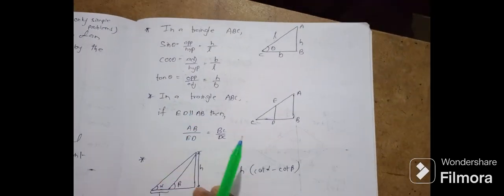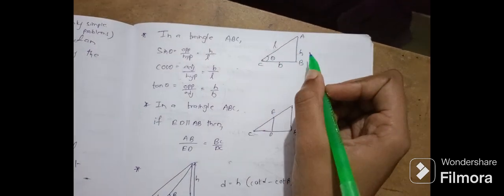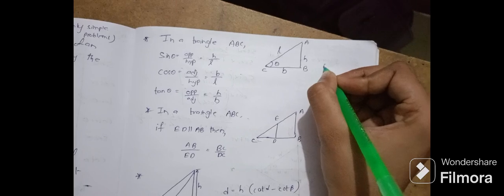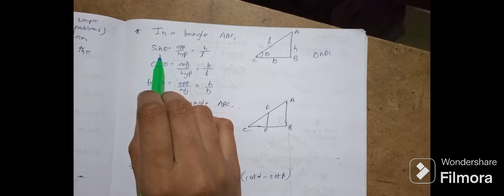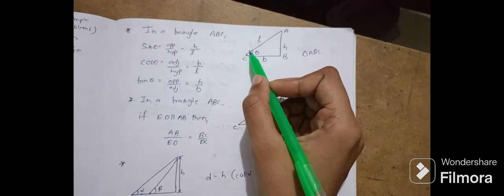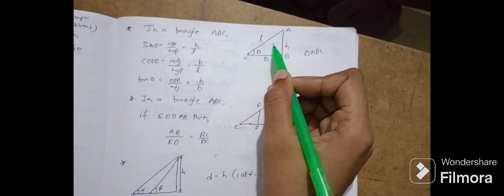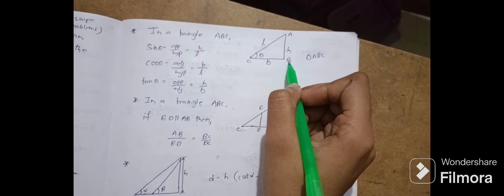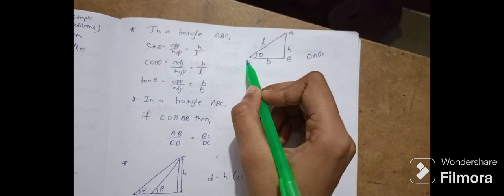Next, in a triangle, let us go in some practical way. So let us consider a triangle ABC. In triangle ABC, as we have already discussed, sin theta is equal to opposite side by hypotenuse. Here theta is here, so opposite side is AB and hypotenuse is AC.